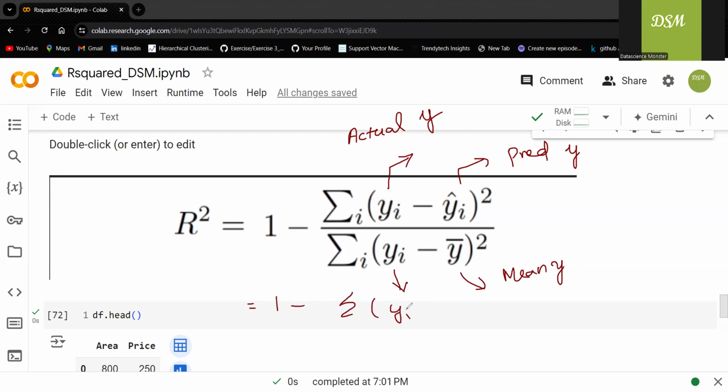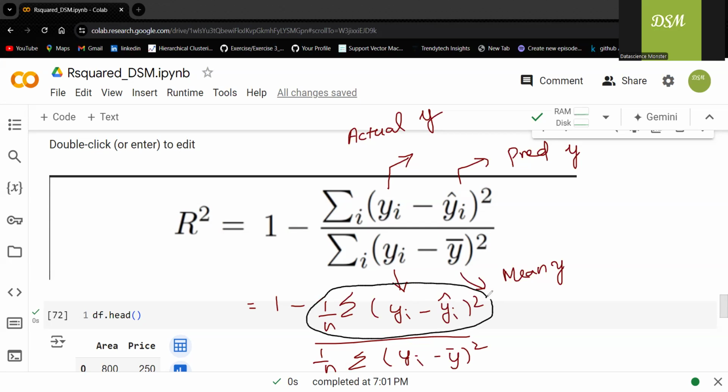Summation of yi minus yi hat the whole squared, divided by 1 by n summation of yi minus y bar the whole squared. Have you ever seen this formula anywhere? I know very well that you might have seen this. So what is this basically?